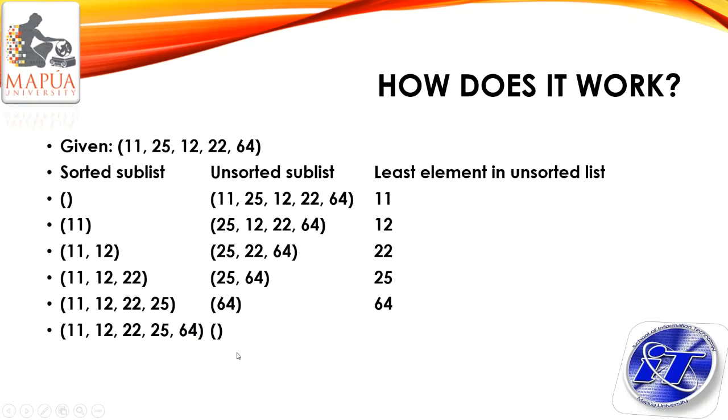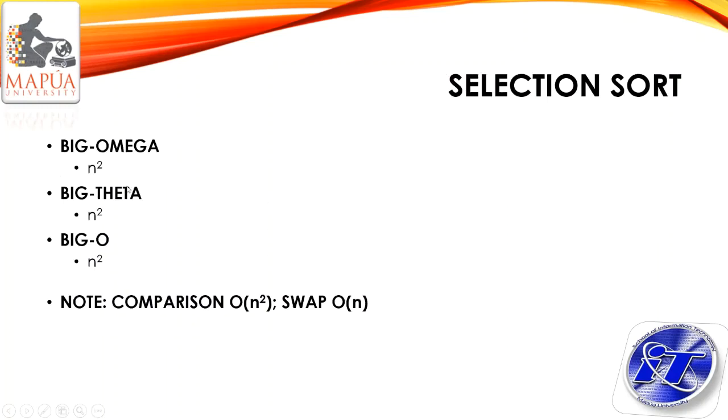So what is the big O, big omega, and big theta of this algorithm? For the big omega, it's n squared. Big theta is also n squared, and the big O is n squared. So how do we come up with the big O n squared? Basically, the comparison is based on n squared, while the swap, we all know that it's one time for each cycle.